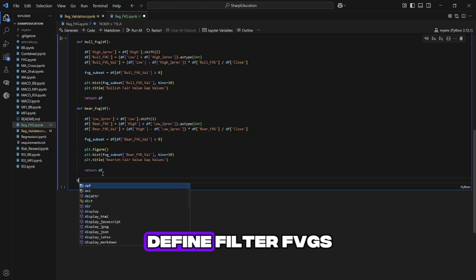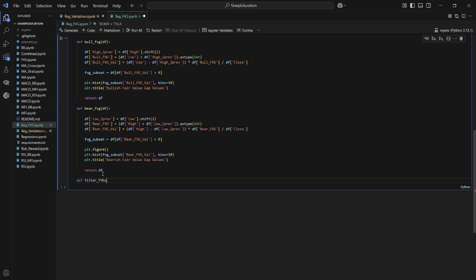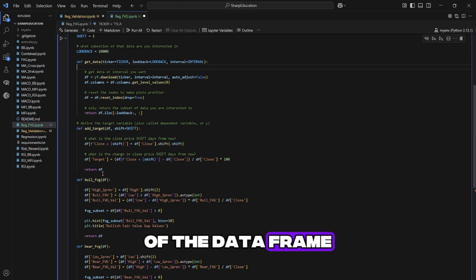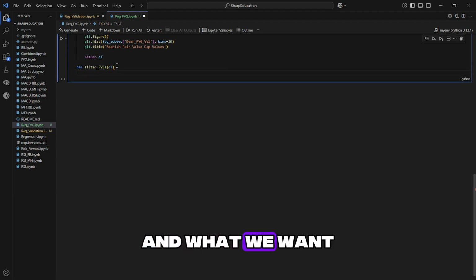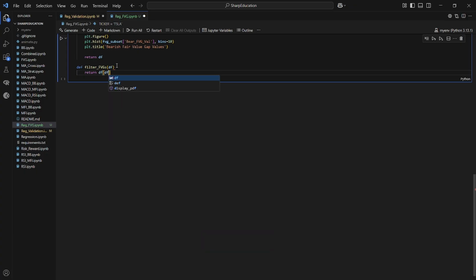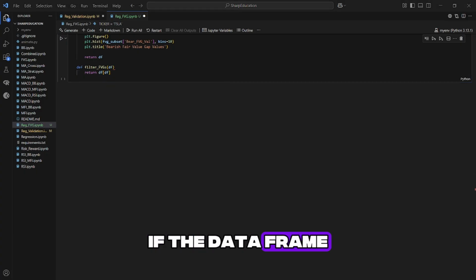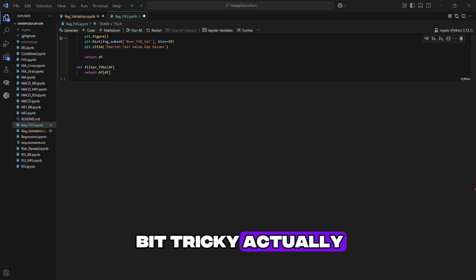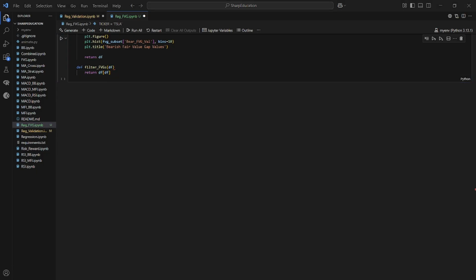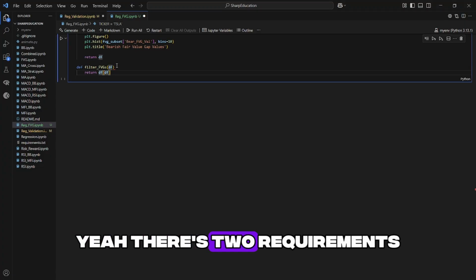So we're going to define filter FVGs of the data frame. And what we want to do is just return a data frame where, this is a bit tricky actually. Yeah, there's two requirements.